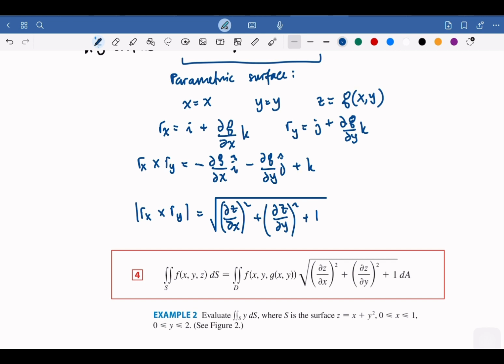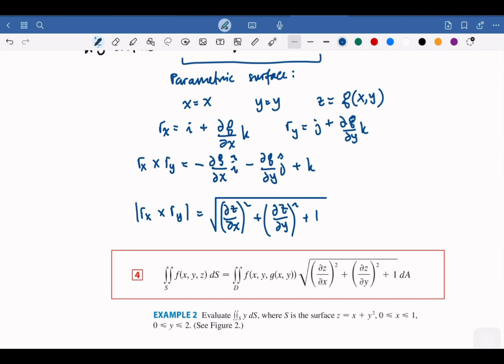So basically the idea is we need to find the partial x and partial y from z. We input them into the equation, and then we solve the integration, so basically solving the double integral.